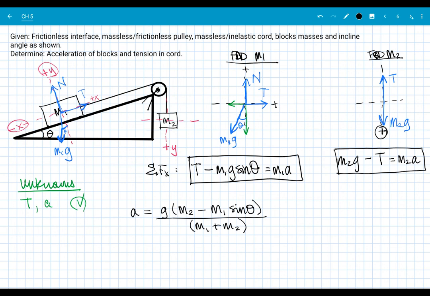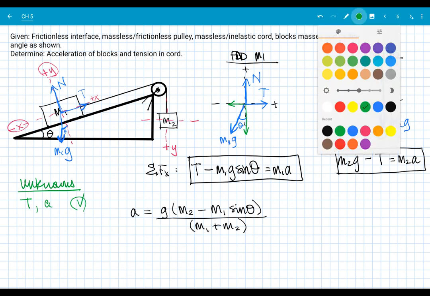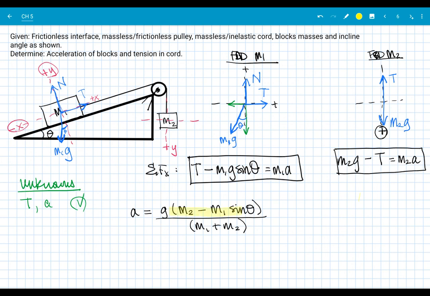The sign convention that we used would say that our acceleration here would be positive as long as, look at the term up here in the top. This is the term in parens that can change the sign of the entire expression. Nothing else can. If you look at the denominator, those are both positive. Nothing's going to change the sign there.